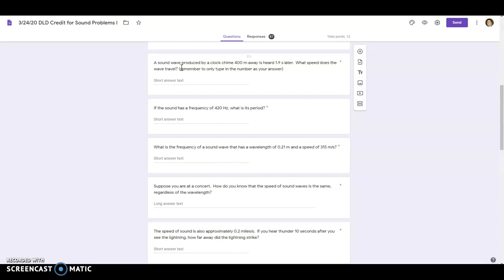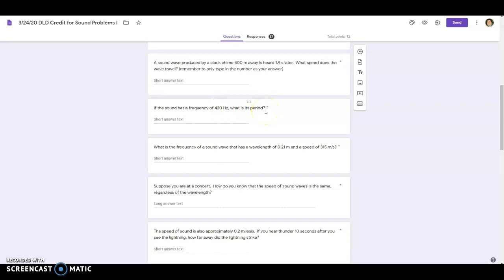So it should be 400 divided by 1.9, and that's a 210.5, and there's going to be some digits here that I'm going to allow for. 210.526 is what it should be, but I'll really accept anything between 210, 211 meters per second. Now for this one here, what has a frequency of 420 hertz, what's the period?